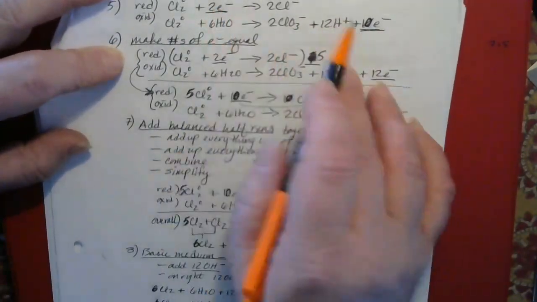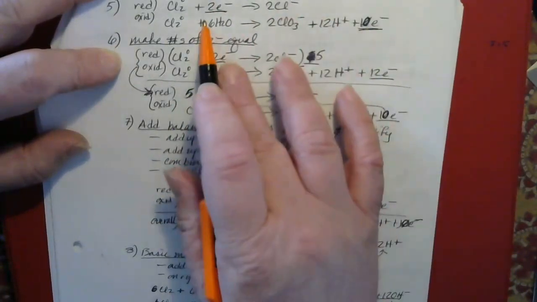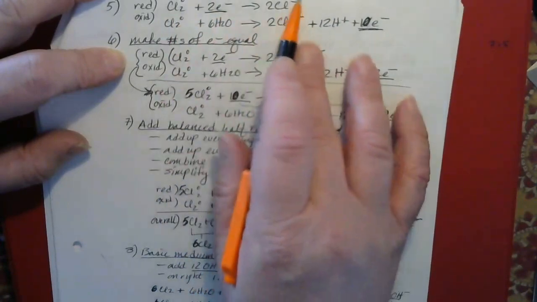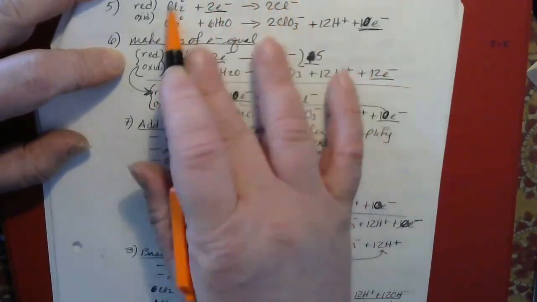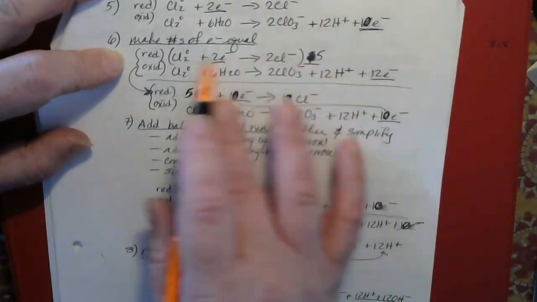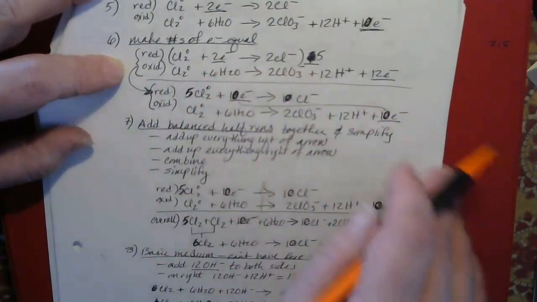So what we do is we make the 2 equal. We've got 10 here and 2 here. So the simplest way to do that would be to multiply the entire first reduction equation by 5. So that's what we'd do. Multiply all of the coefficients in the reduction half reaction by 5.